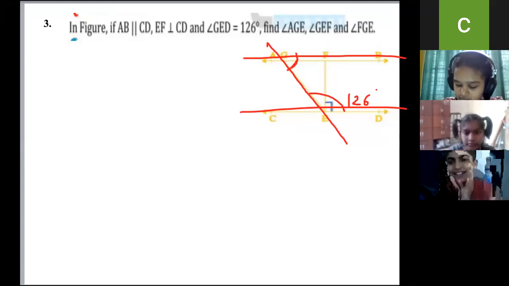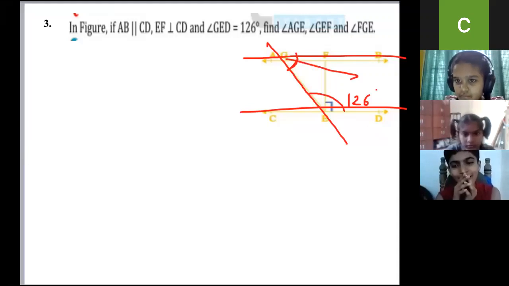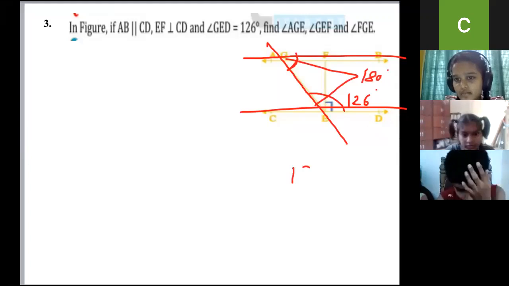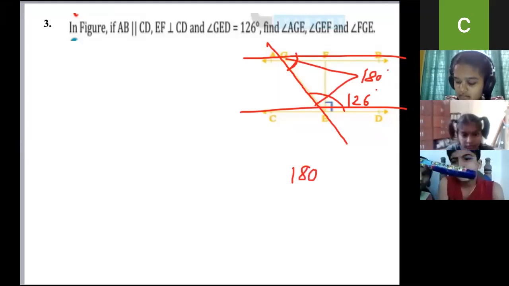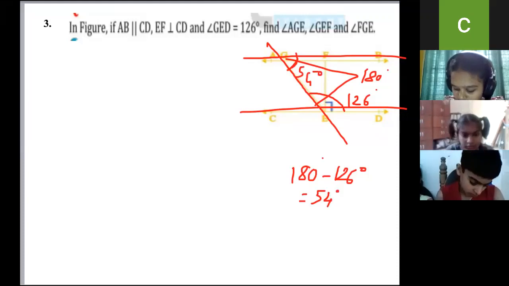When the lines are parallel, co-interior angles are supplementary. Yes or no? That is, the sum of these two angles is 180 degrees. So 180 degrees minus 126 gives how much? 54 degrees. So the value of this is 54 degrees. Got it, dear? Yes, ma'am.